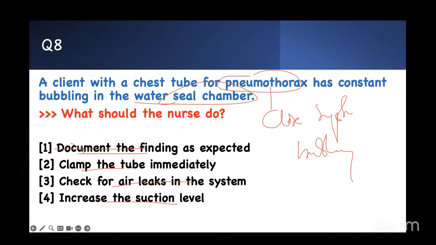This does not happen. It's an unexpected finding. So I'm not going to do that. You know you're not supposed to clamp the tube. But if you have to, clamp it less than a minute. But 99.9% of the time, you're not supposed to clamp it. Therefore, I'm not going to pick this, even if it may be the right answer.